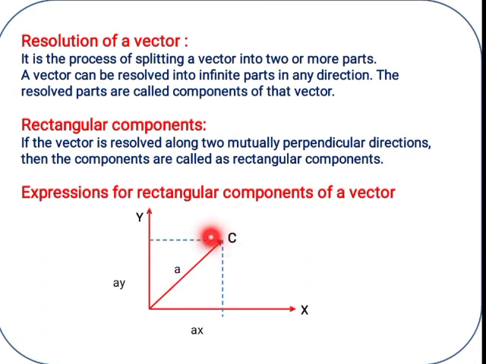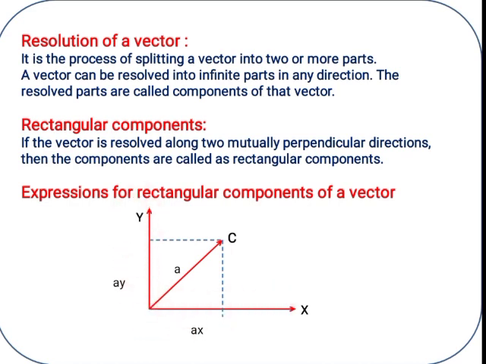So we know this. In the reverse way, using this vector A, we can construct two more vectors, that is AX and AY.